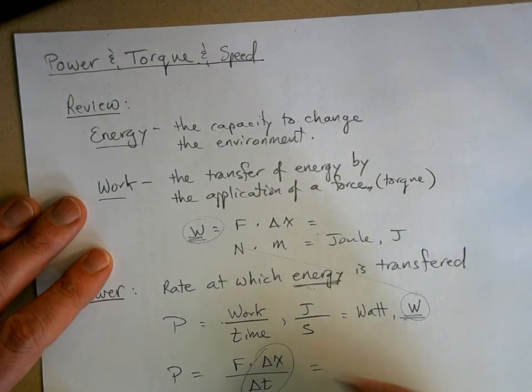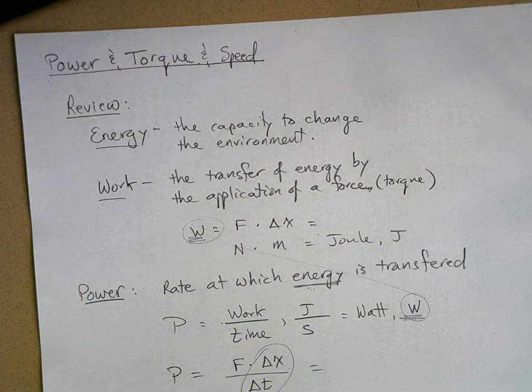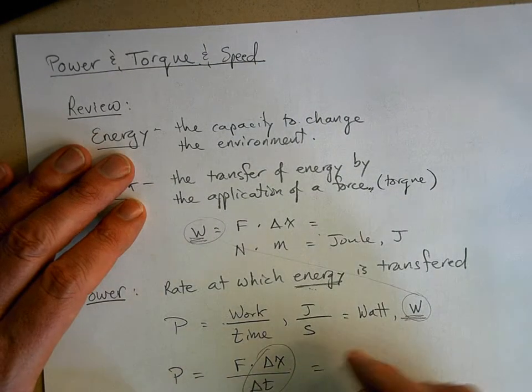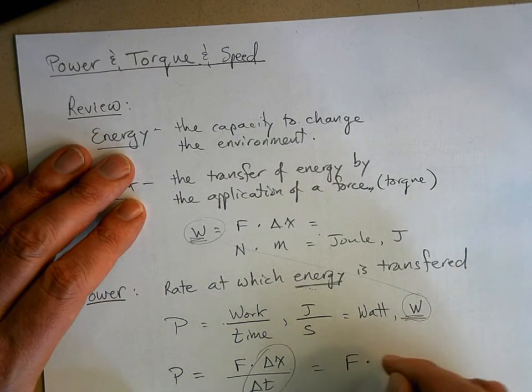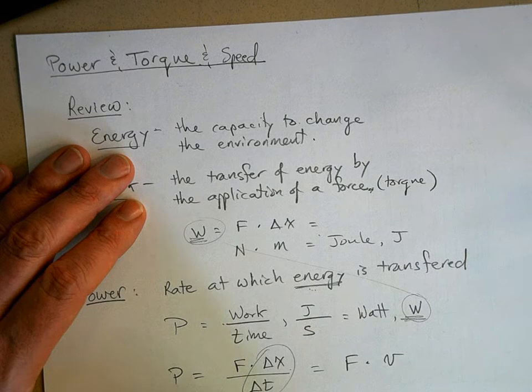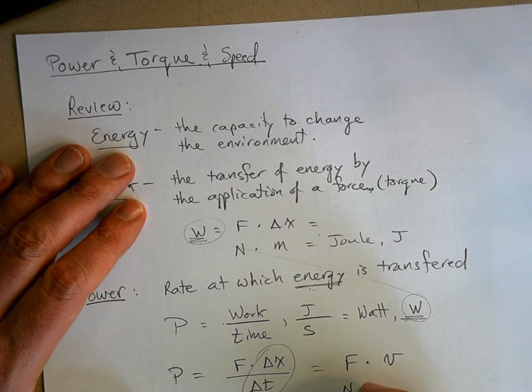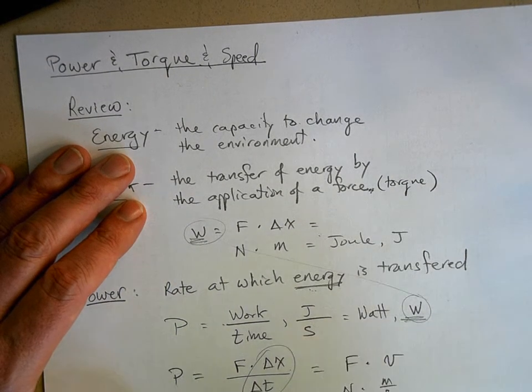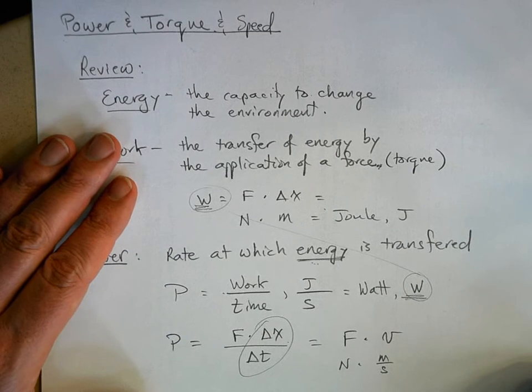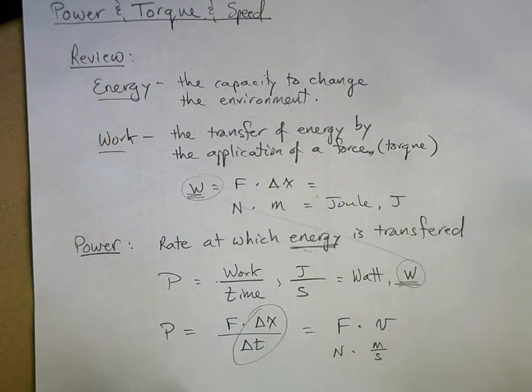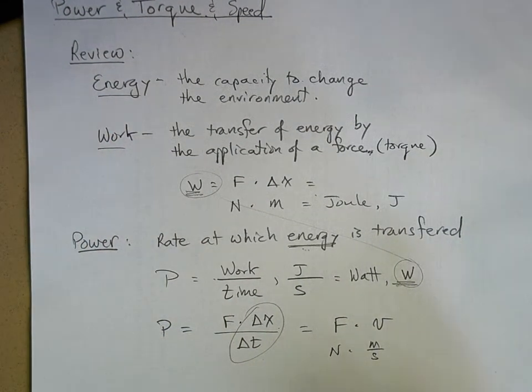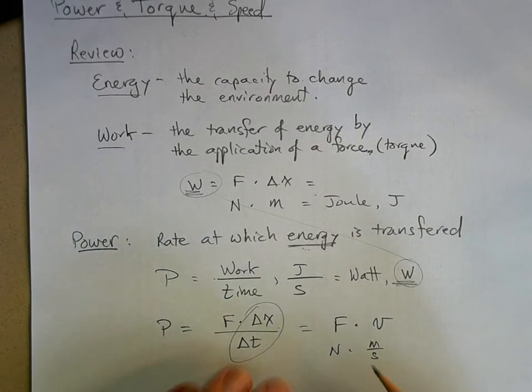And this was in those VEX notes I had you take, but they said power is equal to force times velocity. And if you want to get watts, this has to be in newtons and this has to be in meters per second. A newton times a meter is a joule, divided by a second is a watt.